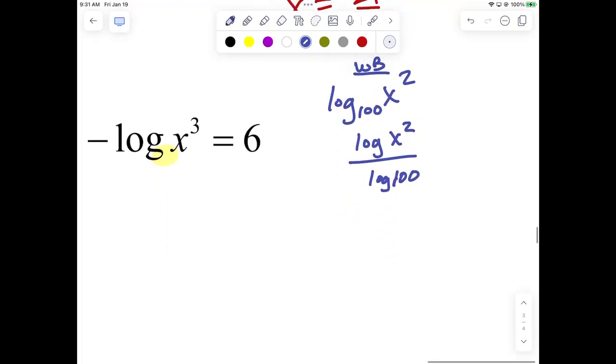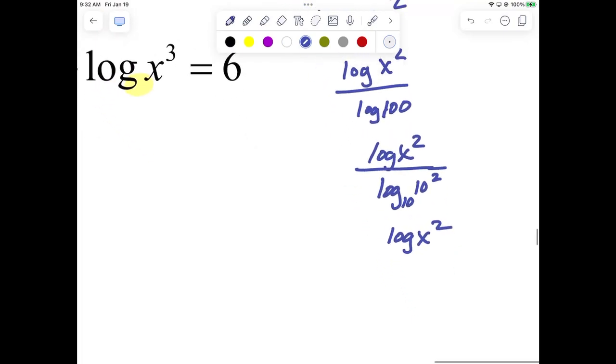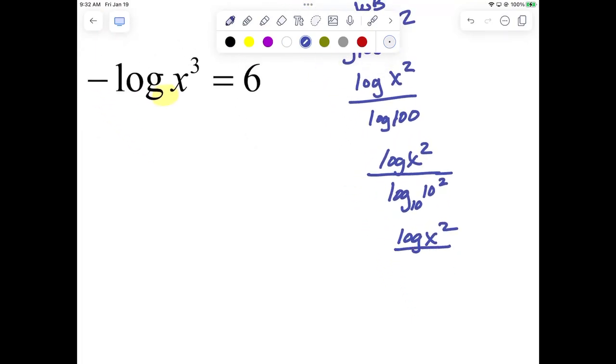What's log base 10 of 100? If you want to write the base, that's base 10 of 10 squared, right? So what's log base 10 of 10 squared? It's just 2.